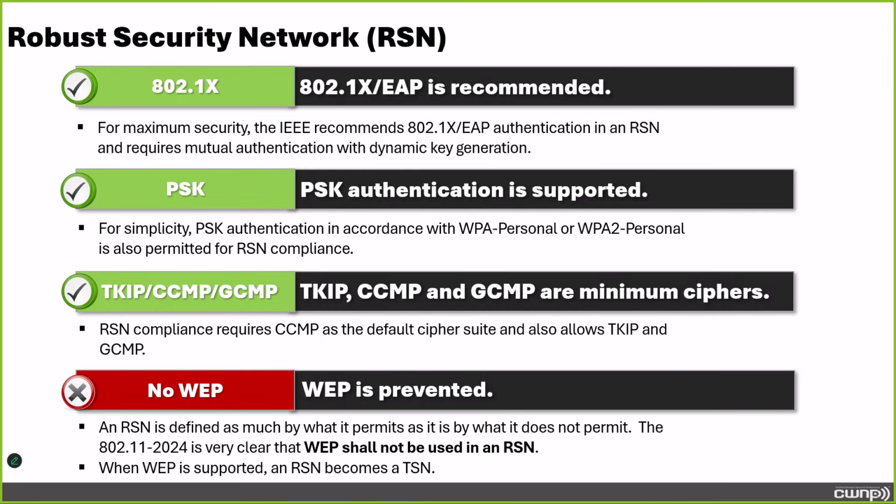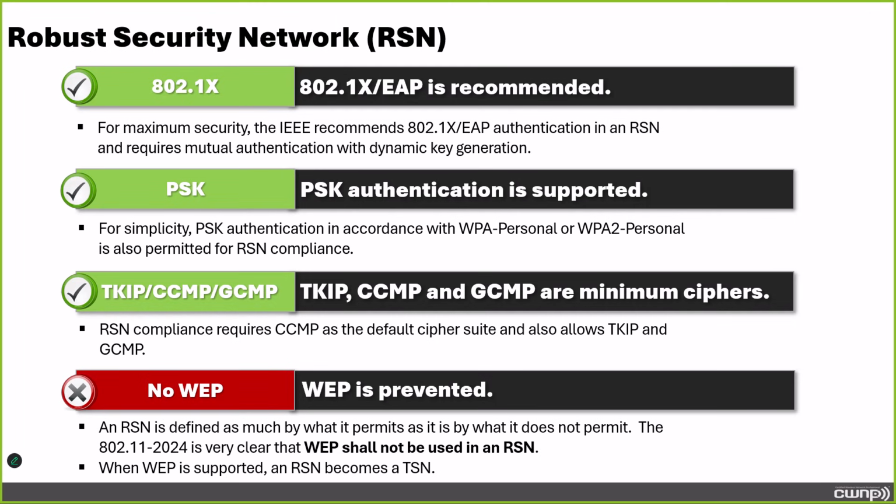So all of this that we're talking about is about establishing what is called a Robust Security Network, or an RSN. Now, technically speaking, the 802.11 standard defines an RSN really as any association and authentication with an AP that ends with a four-way handshake, and a successful four-way handshake specifically, I should say.